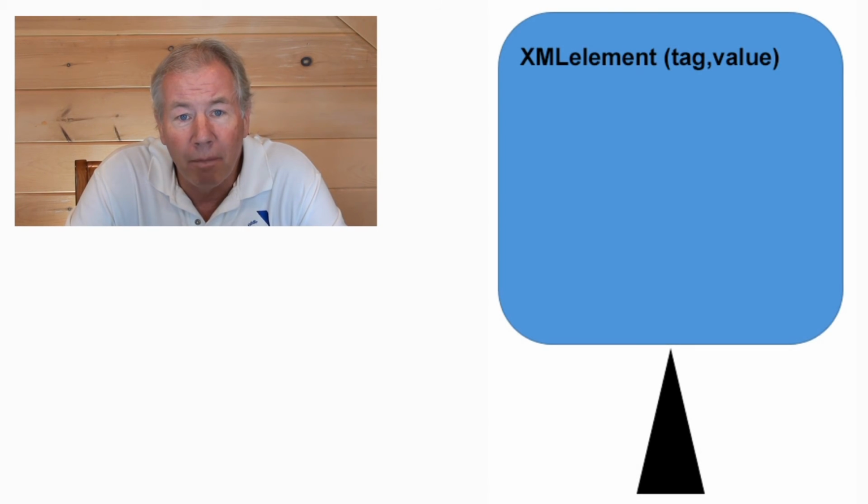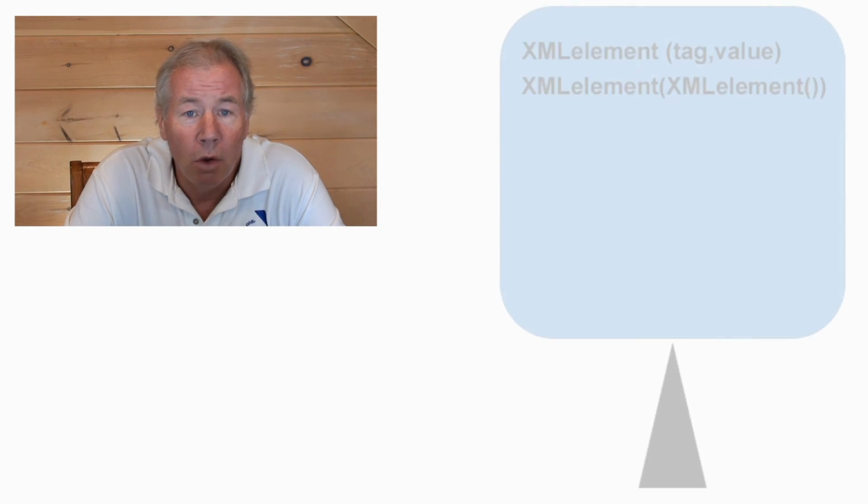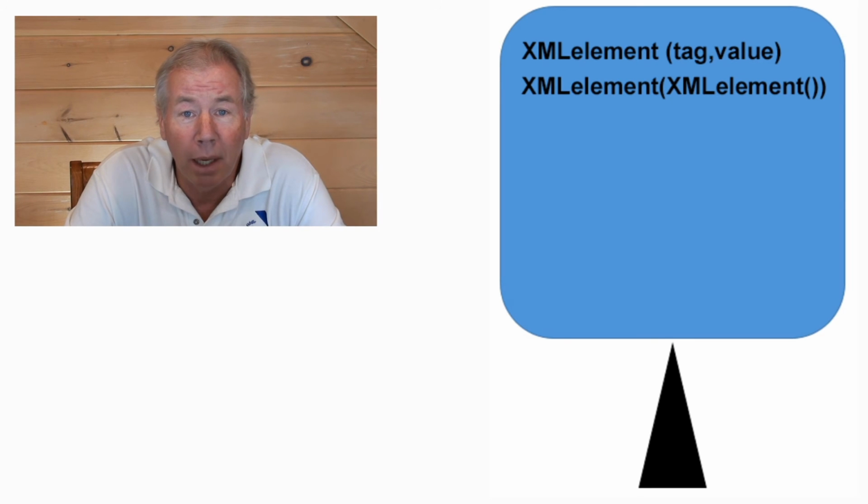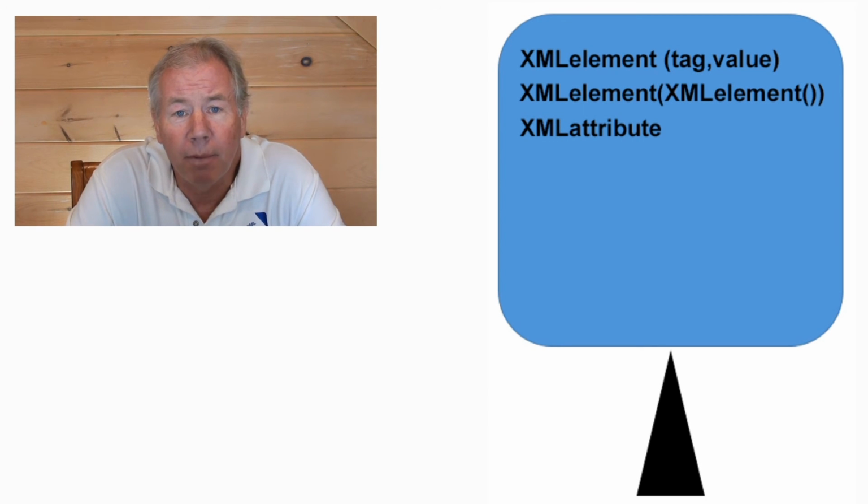We started off by creating XML tags with their associated value via the simple XML element function. Real easy to use. We then got things a little more complex by nesting those guys. No real problem there. And then the next step, of course, was to add attributes embedded in the lead tag itself.